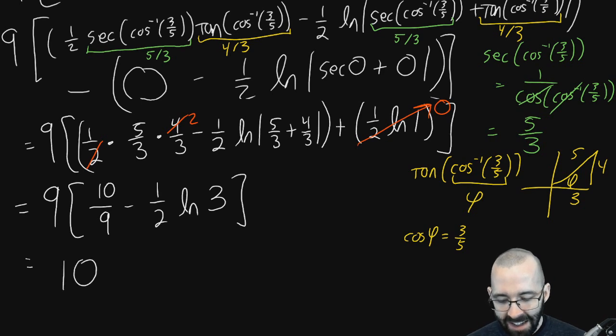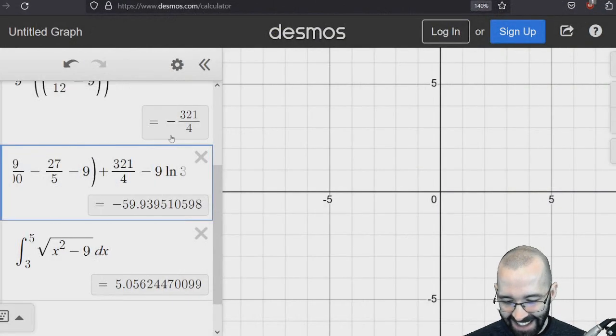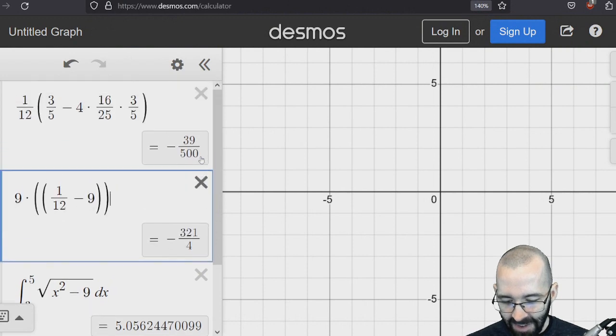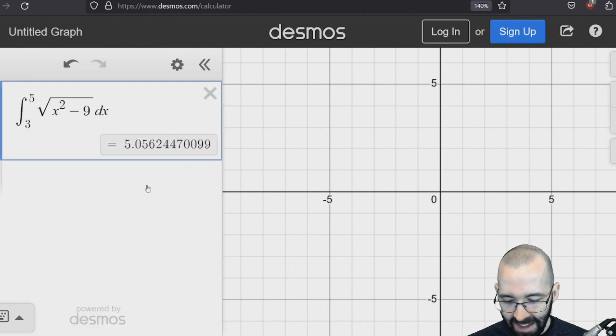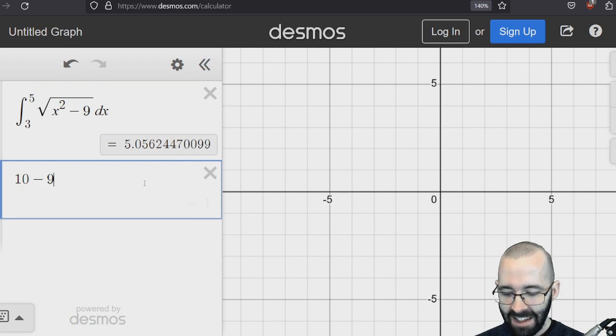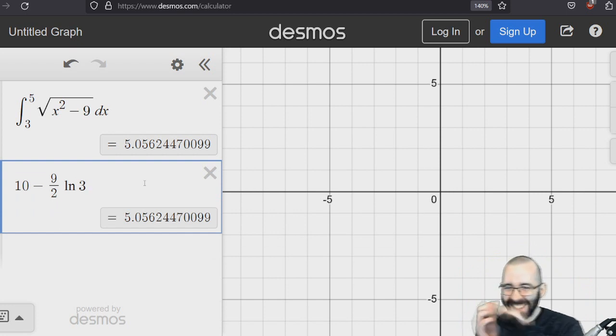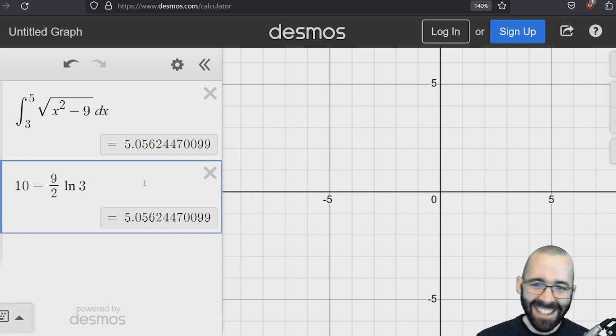We get 10 minus 9/2 natural log of 3. Is that right? We know what the answer should be. It's that: 10 minus 9 halves natural log of 3. That's good. That's the exact answer.